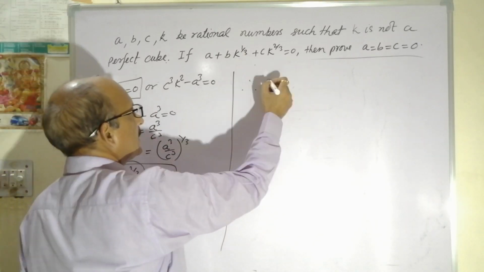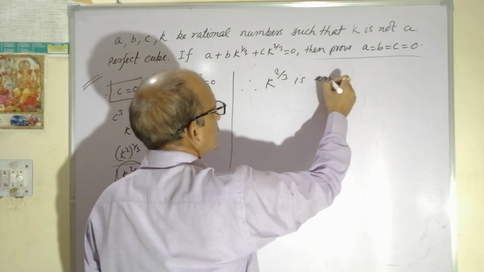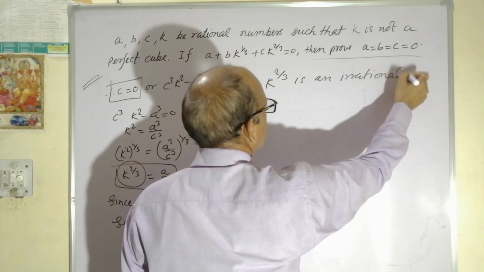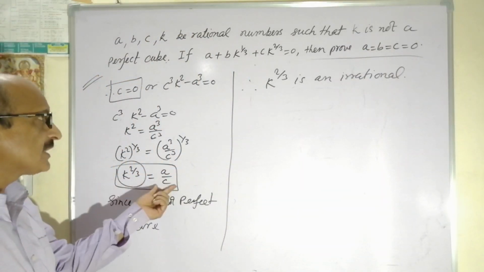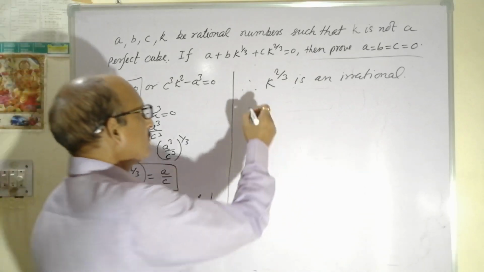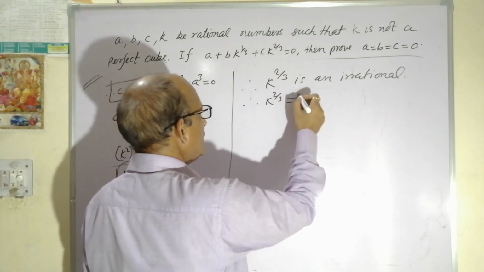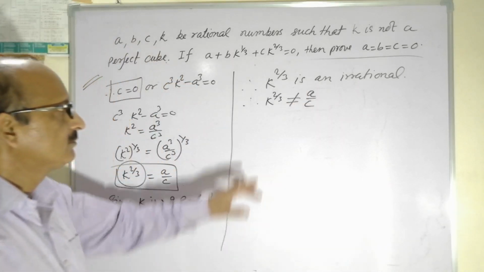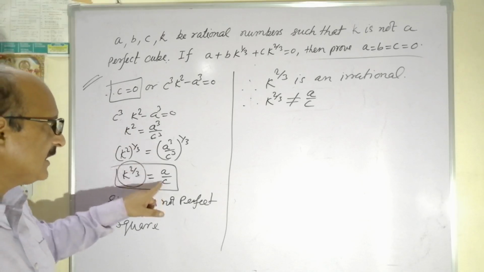So can an irrational be equal to a rational? Therefore k^(2/3) can't be equal to a upon c.